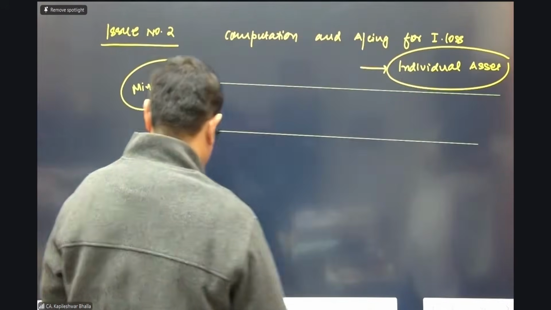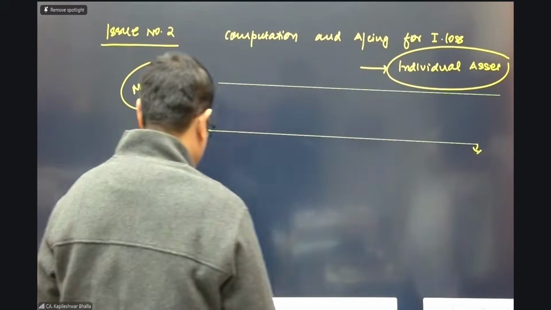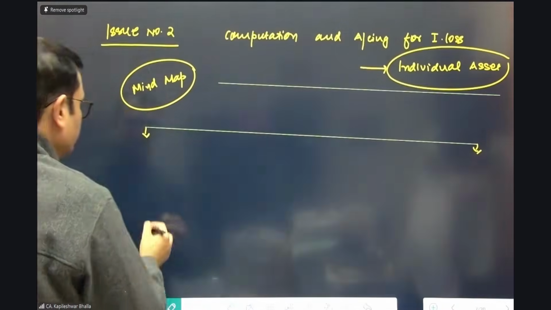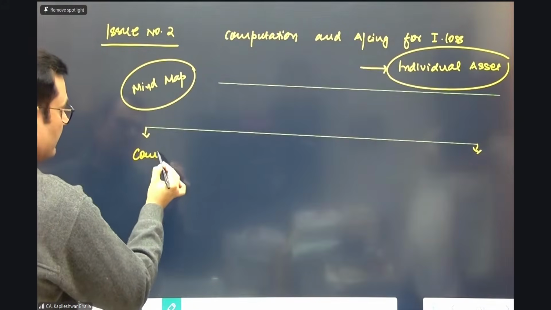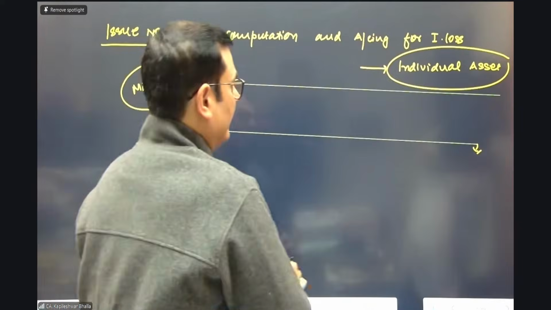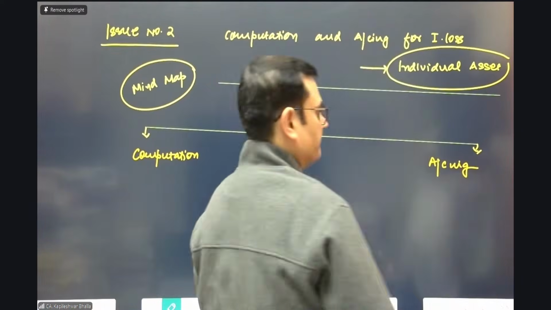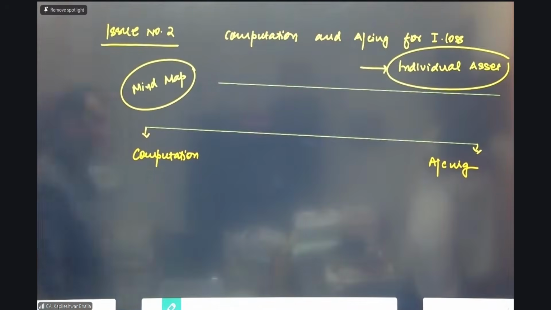Then we'll do some questions on this area. So I am looking at number one, computation. And I'm looking at the second aspect, and that is the accounting treatment. Okay, so let's put this down.